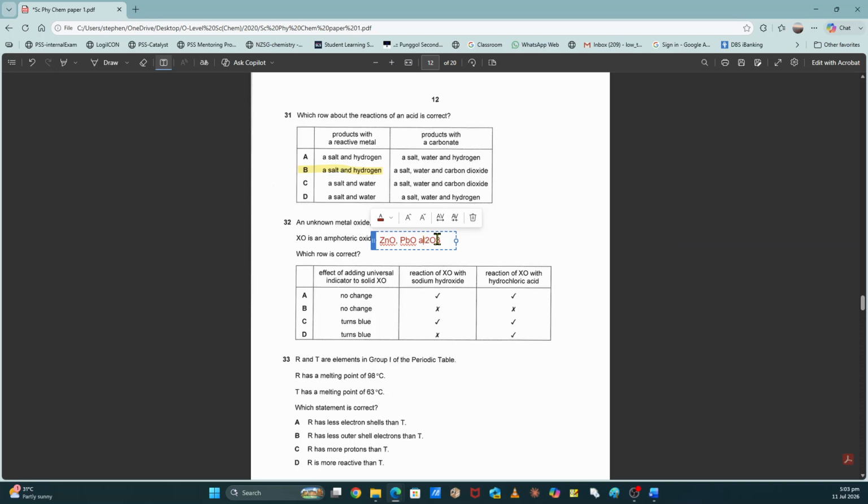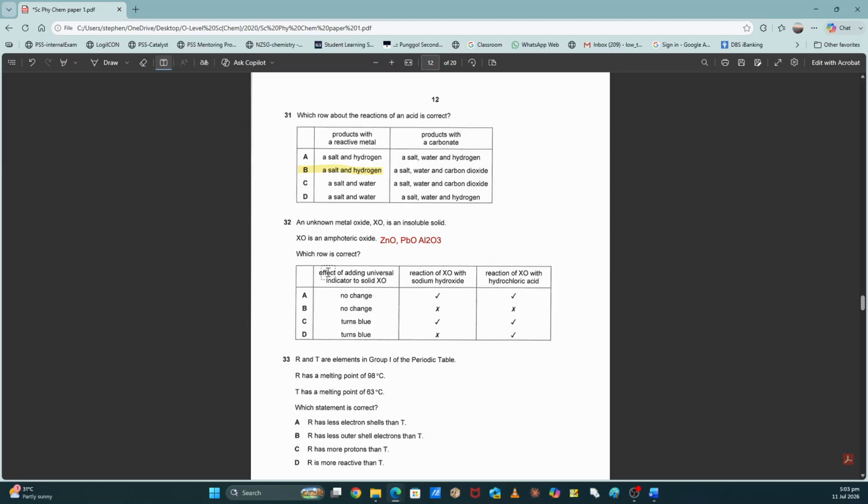Amphoteric oxide, if you can remember, will react with acid to give a salt, and will react with hydroxide to give a salt. One, two, three, four. That means either A or C is correct.